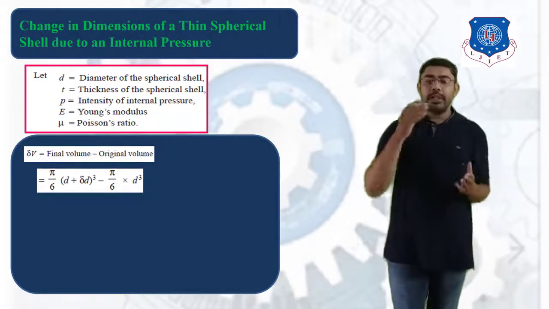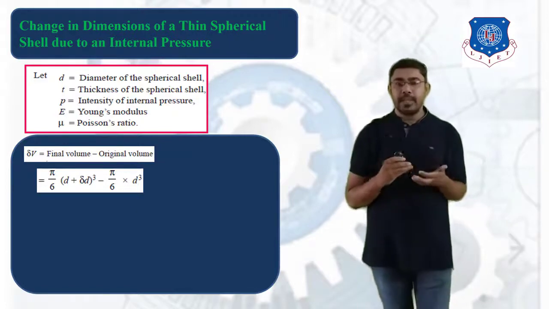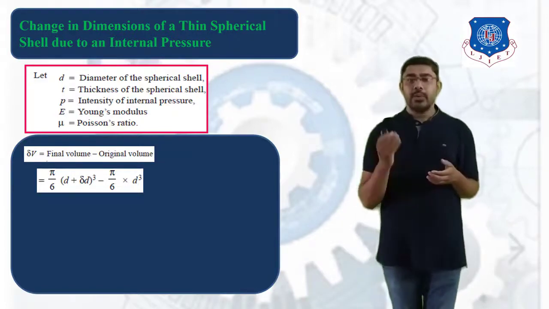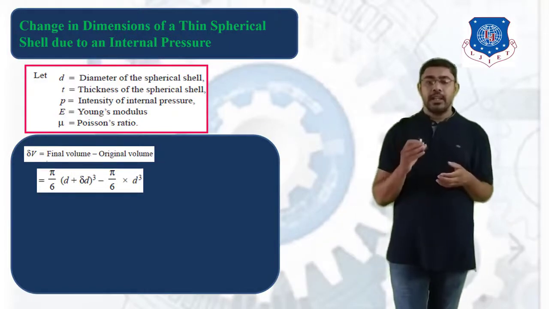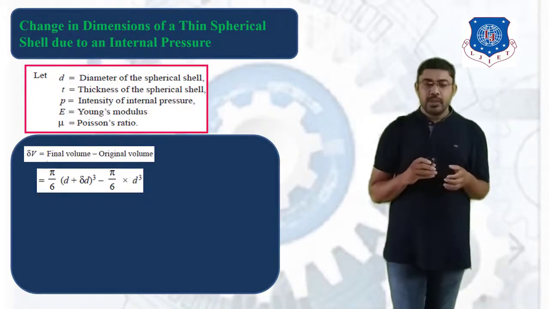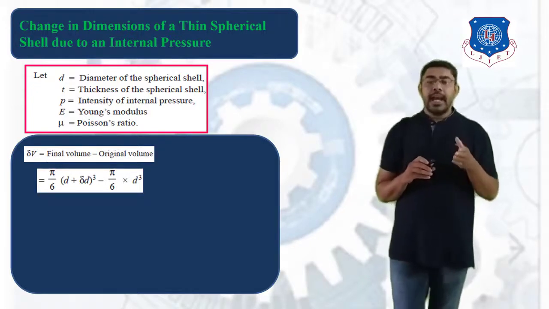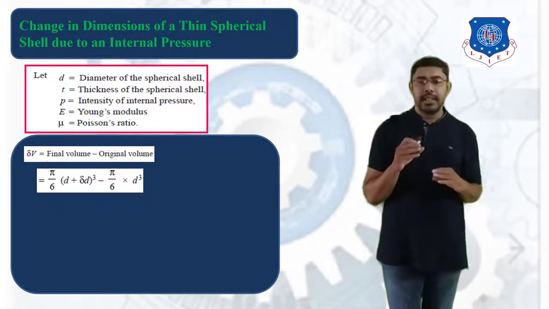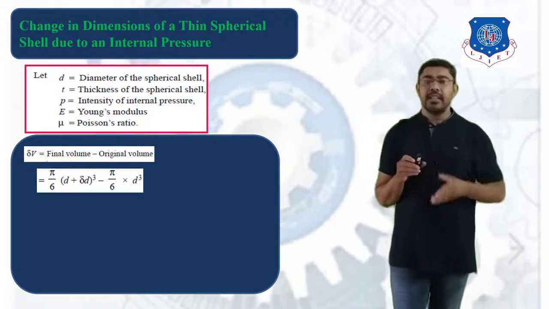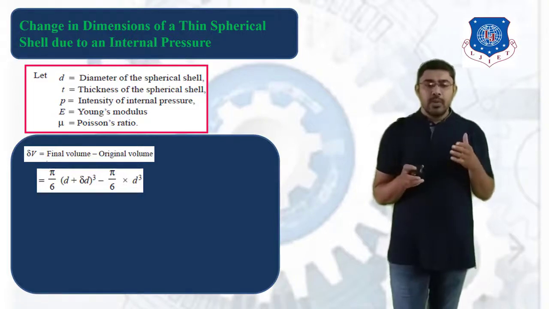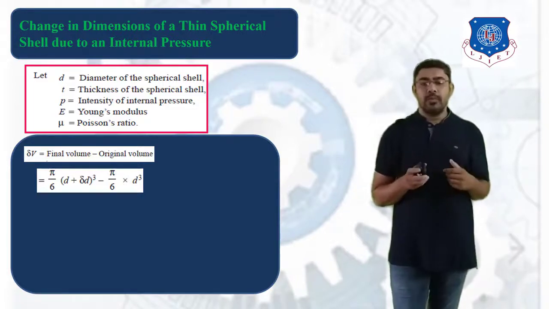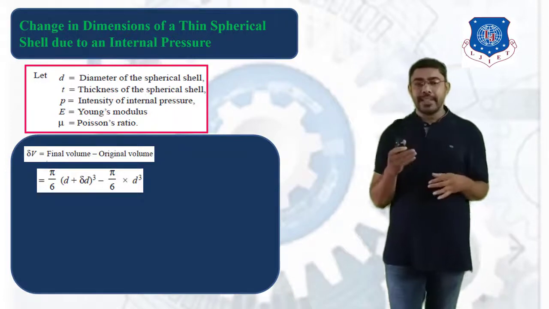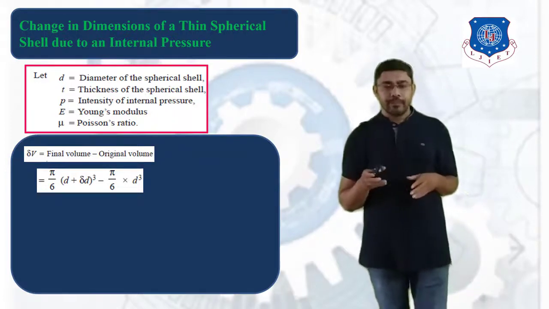So the final volume is pi by 6 into d plus delta d raised to power 3. Here the diameter for the final volume is considered d plus delta d, where delta d is the change in diameter, minus the original volume pi by 6 into d cube.